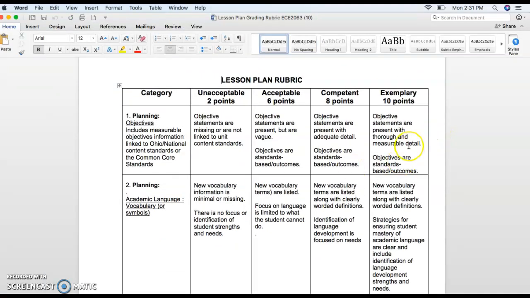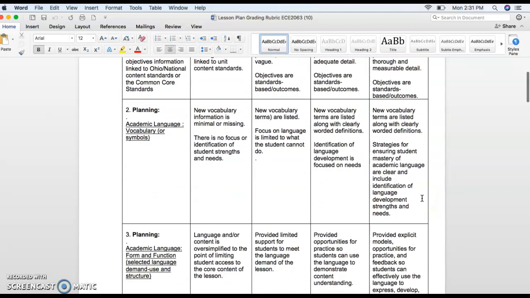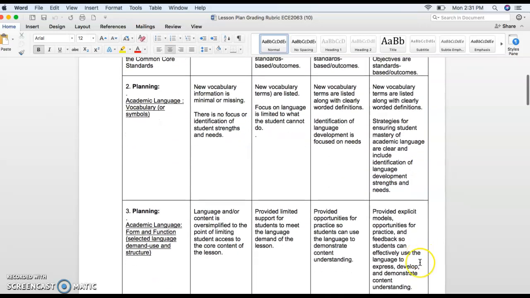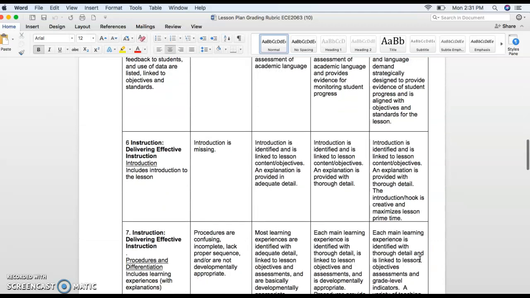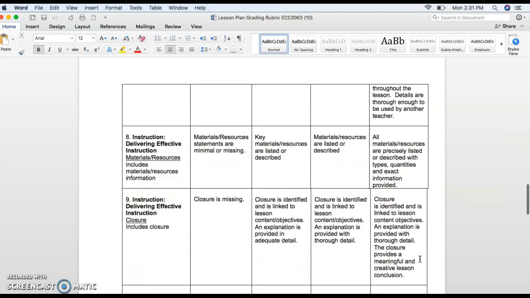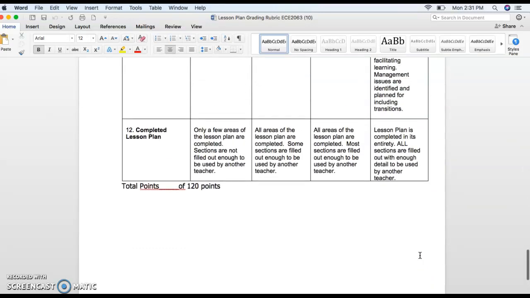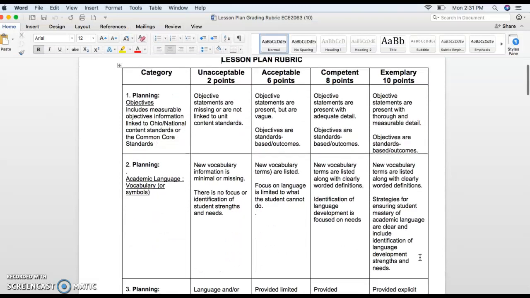As always, I highly suggest you read it very carefully, keep it with you as you're doing your plan, and focus on the exemplary section, because obviously that's what everybody wants to have. This lesson plan is worth 120 points.